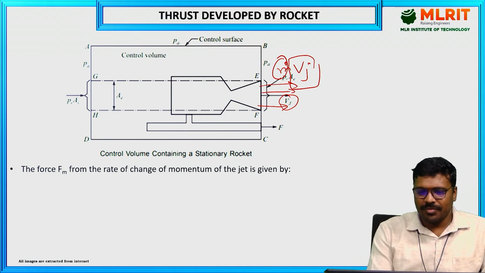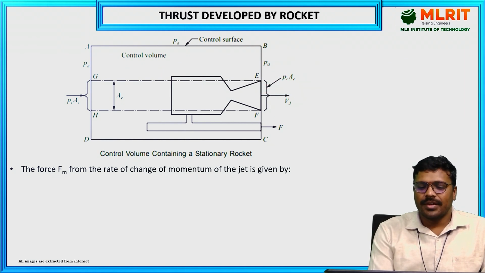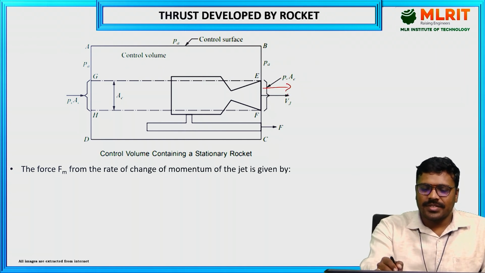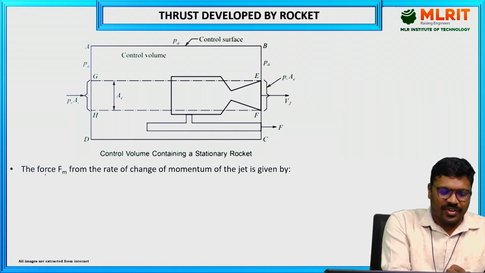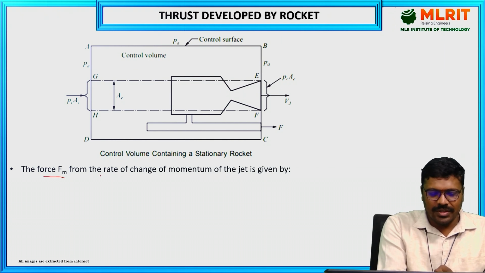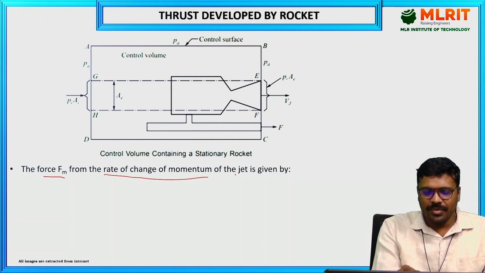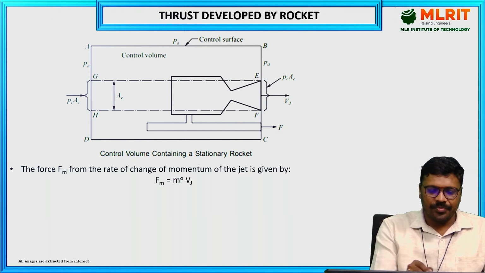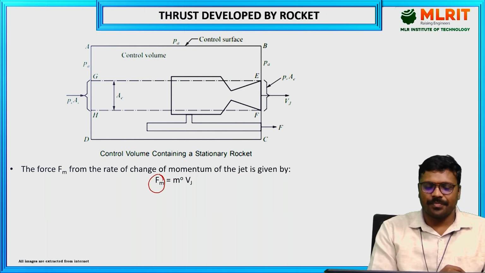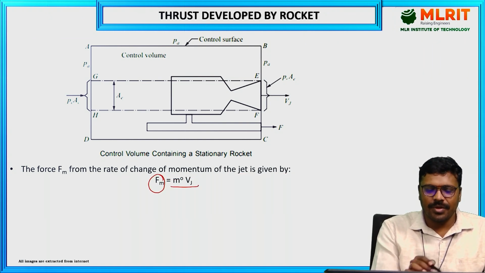This is the momentum exerted by the gases at the nozzle exit. So the force Fm due to the momentum, the rate of change of momentum of the jet, is Fm equal to m dot into Vj.